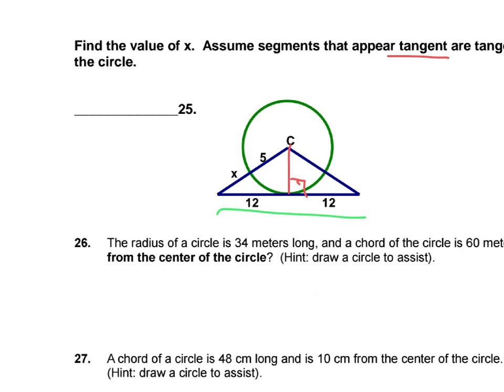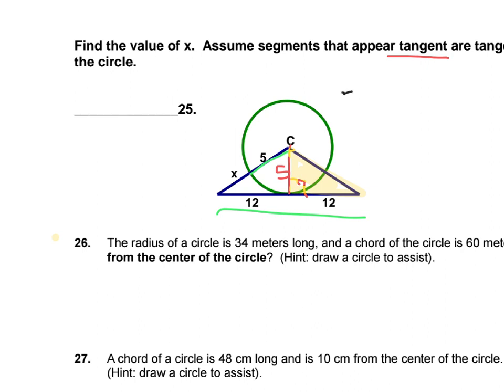And by doing so, you are now using the Pythagorean theorem or your triples, because I've already given you that length 5, which means I can label that radius 5, and now I can focus on this right triangle right here.